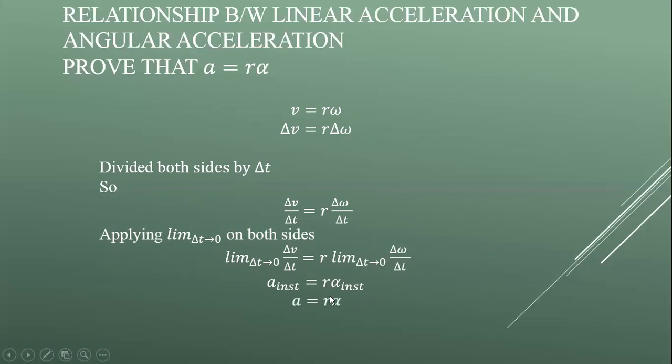So a becomes equal to r alpha, and in vector form, a is equal to alpha cross r. This is the vector form, and the relationship between linear and angular acceleration.